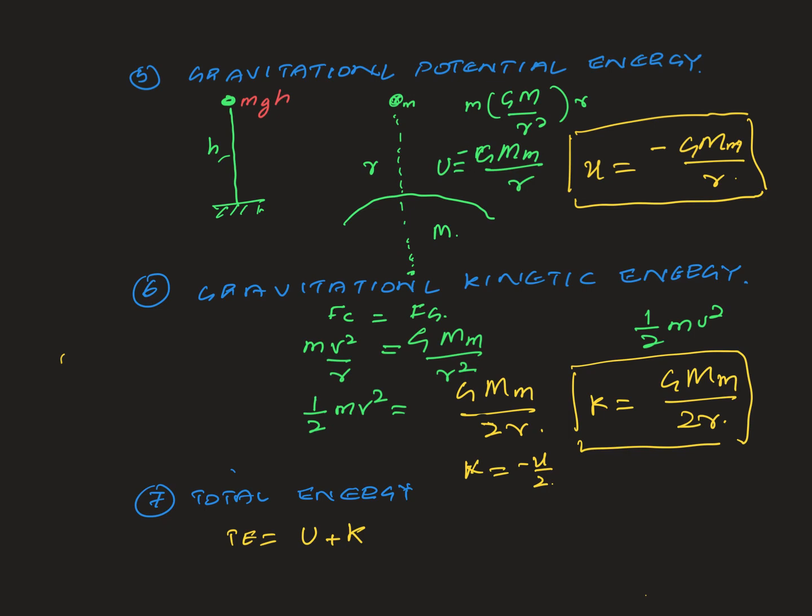So we are going to have potential energy which is minus GMm over r plus GMm over 2r. So what do we get? Minus GMm over 2r. So that's quite interesting, right? The total energy is given by minus GMm over 2r, and the potential energy is given by minus GMm over r. So we are getting an equation that total energy is equal to potential energy divided by 2.